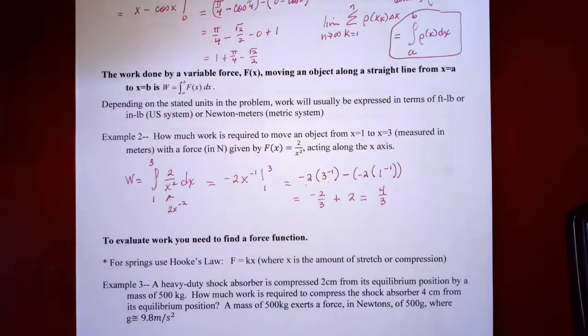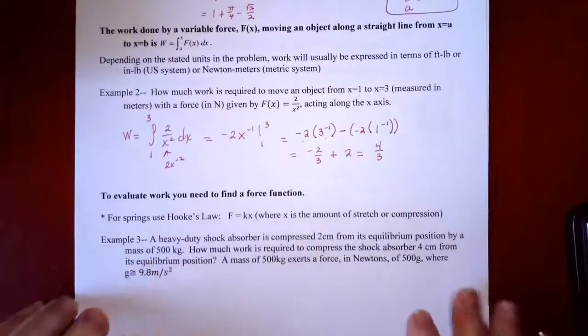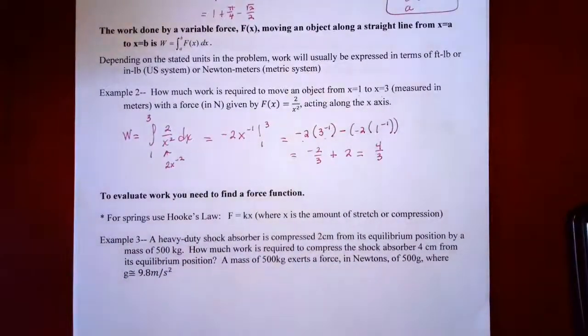All right. So specifically, have you ever heard of Hooke's law? Okay. What Hooke's law tells us is that the amount of force required to stretch or compress a spring x units beyond equilibrium is proportional to the amount of stretch or compression.